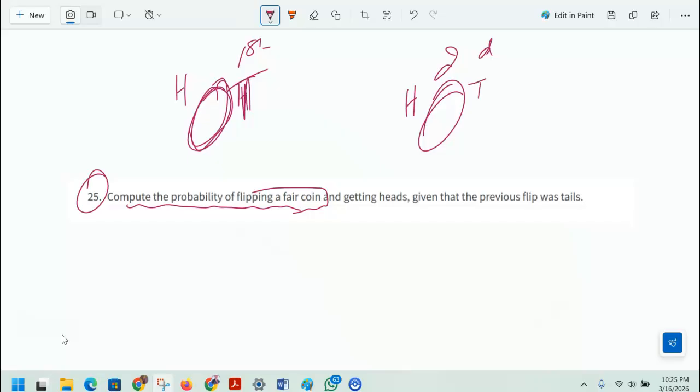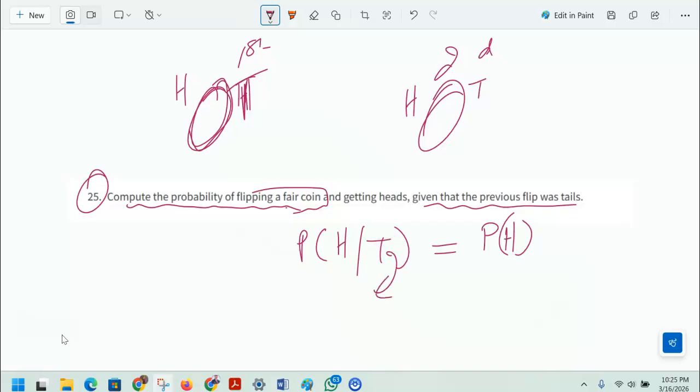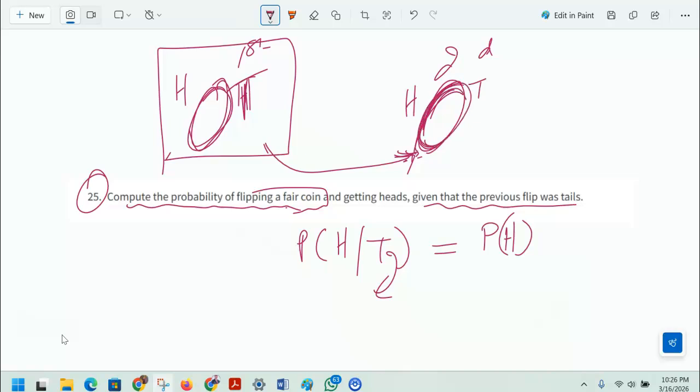So if I write the probability of getting head, given the previous one is tail, it is the same as the probability of getting head in the second. It's the same thing because this tail does not affect what you get here. This is directly related because they are independent events.